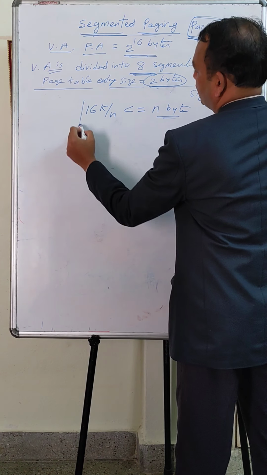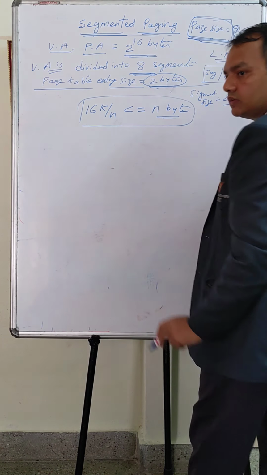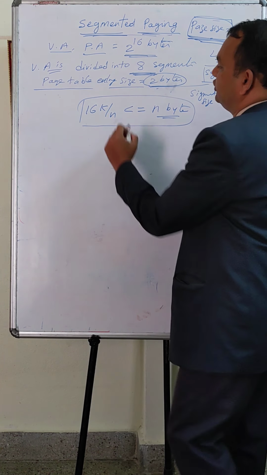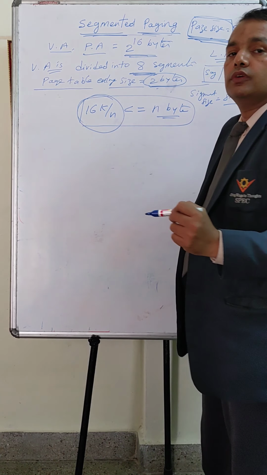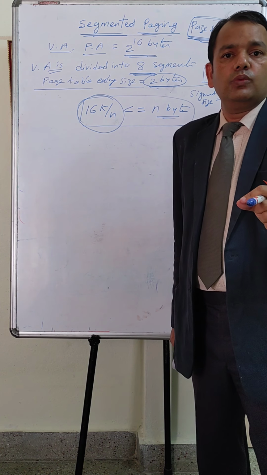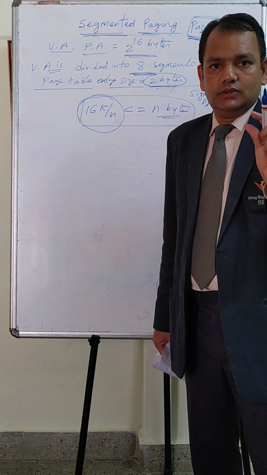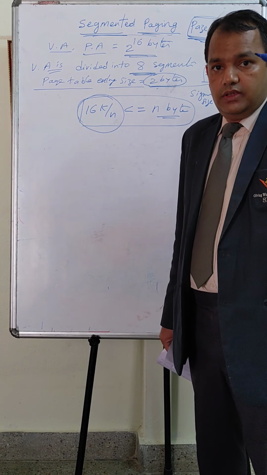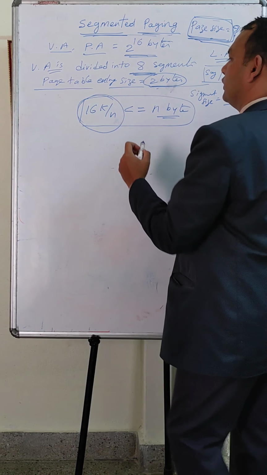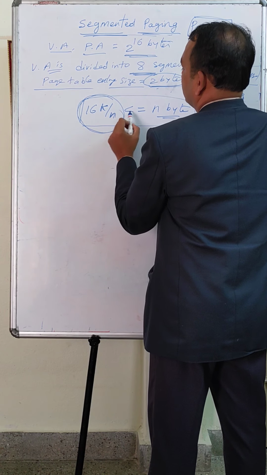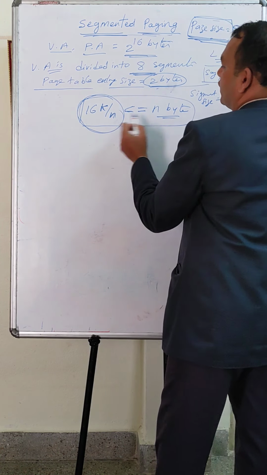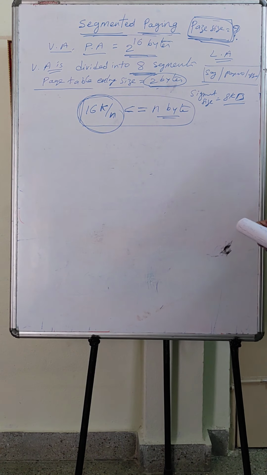This is given in the question: the page table size should be equal to the page size. We are substituting. Now we found 16K by n is the page table size, and this is the page size. From this we will calculate n.